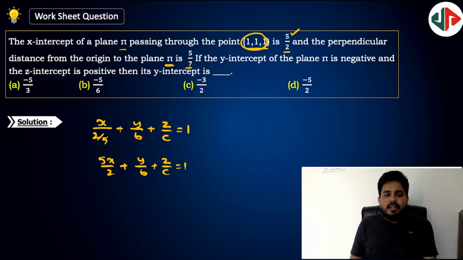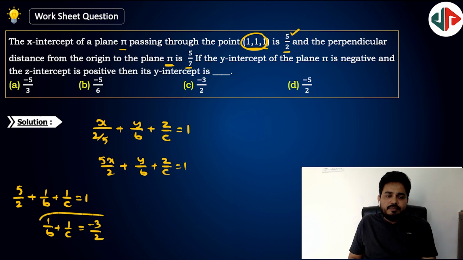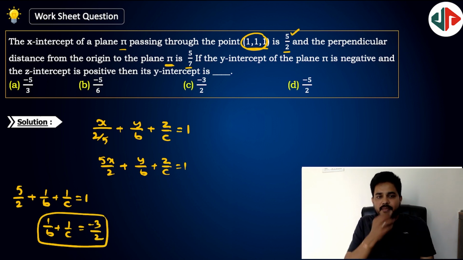Two unknowns are there. First one is passing through (5, 1, 1): 2 by 5 into 5, so 1 by b plus 1 by c is equal to minus 3 by 2. This is one condition.